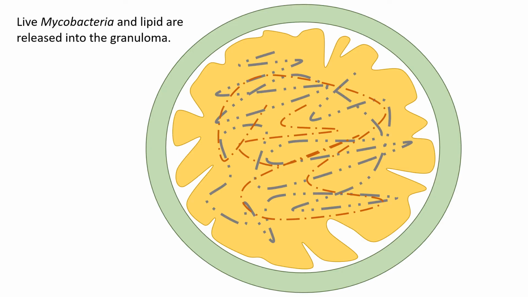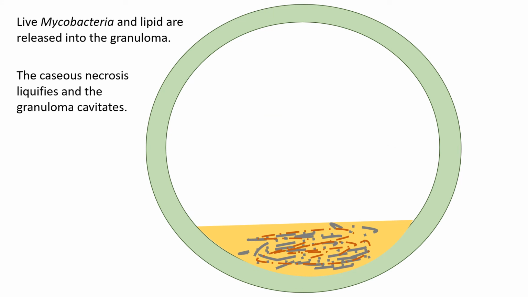So our live mycobacteria and lipid, when we go through this secondary necrosis, are released into the granuloma. So we've got this mess of cheesiness, caseation, and live mycobacteria and dead macrophage. The caseous necrosis liquefies.